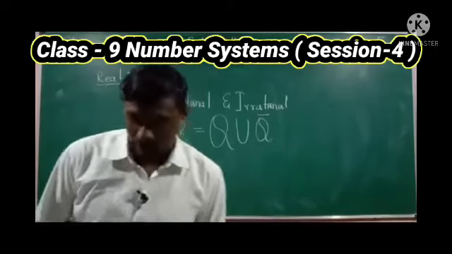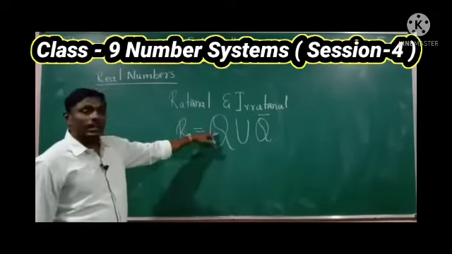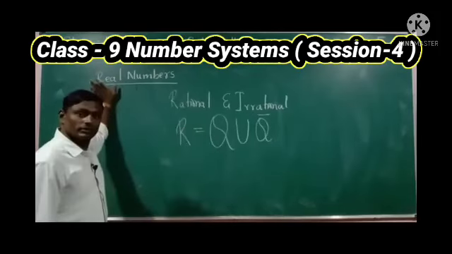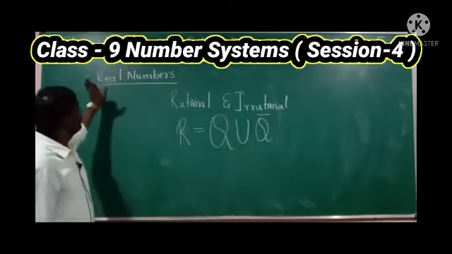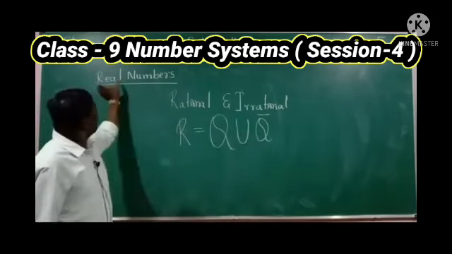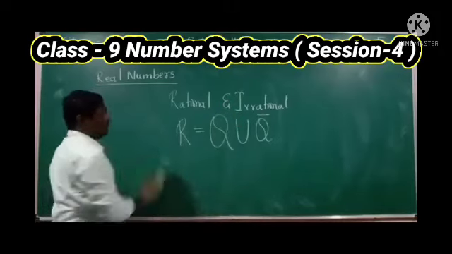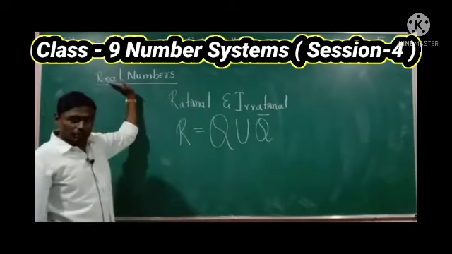Okay, next one. All the rational numbers are real numbers. All the irrational numbers are real numbers. But not all the real numbers are both rational and irrational. All the rational numbers are real numbers, and all the irrational numbers also belong to the real numbers.